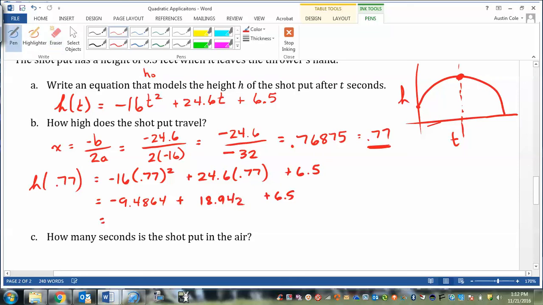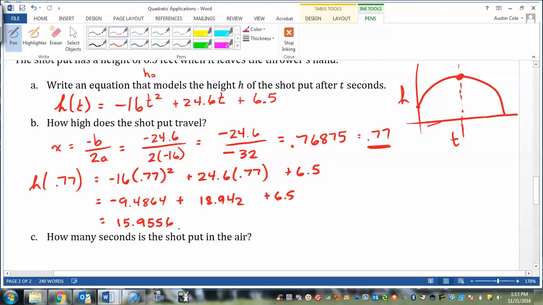Oh, 942. When I add all those together, what do we get there? 15.955. That's the one I got. That's right. Rachel, say it again. 15.9556.